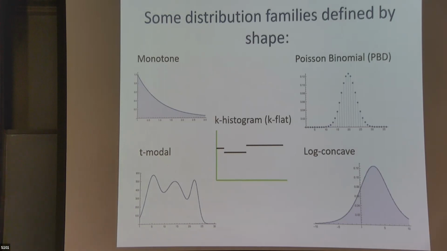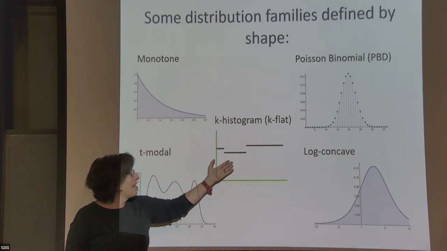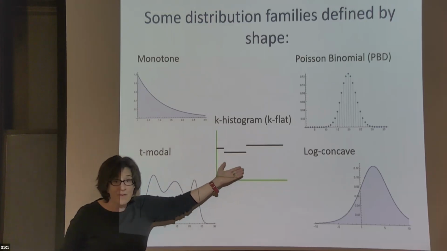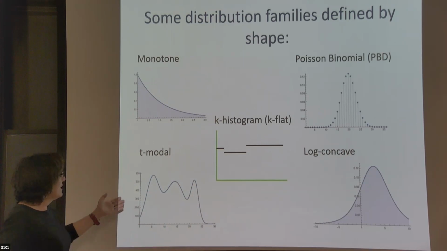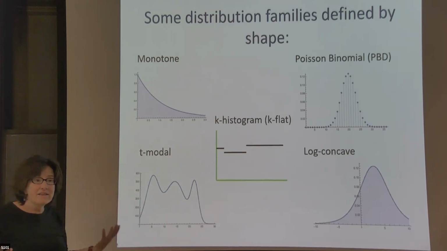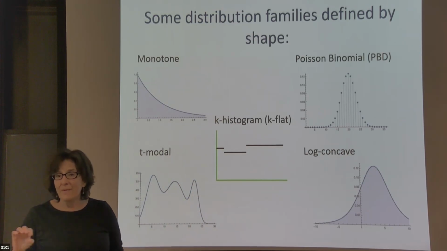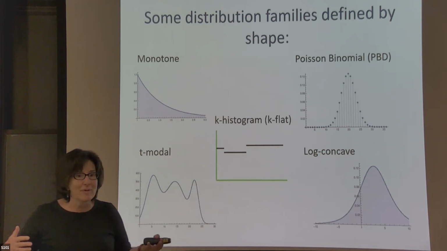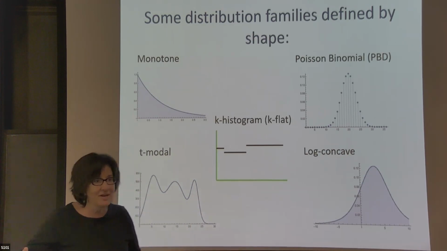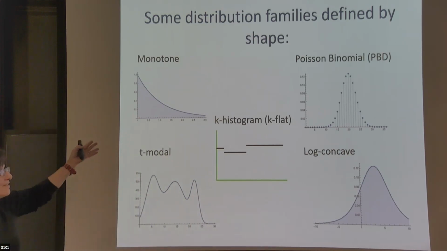I do mean things like, is it monotone? Can it be described by a k-flat distribution, like a k-piecewise constant function? Is it k-modal? Does it go up and down k times? So these feel like properties of shape. I don't actually have a precise definition that a formal logician would be proud of for what I mean by shape. This is just some examples.